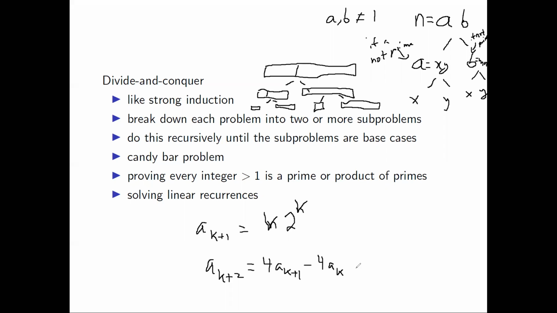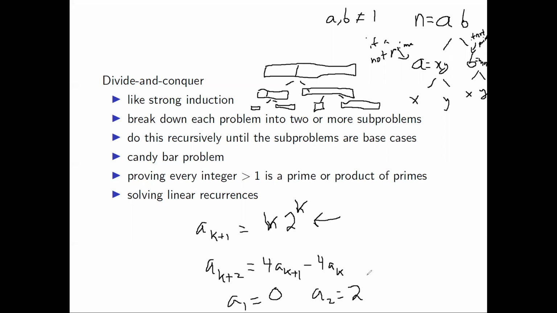And if we need to show that this was the solution to it, we didn't specify the initial conditions, but we could say something like a sub 1 equals 0, a sub 2 equals 2.